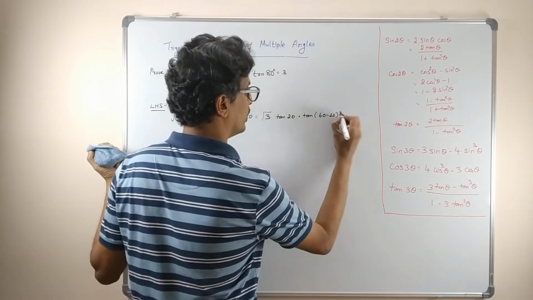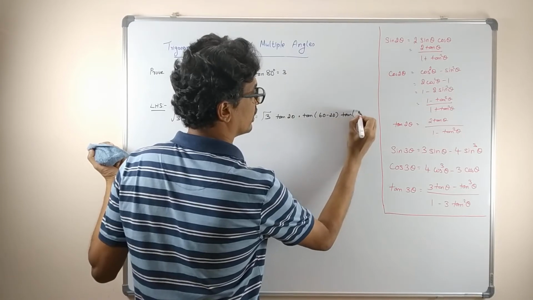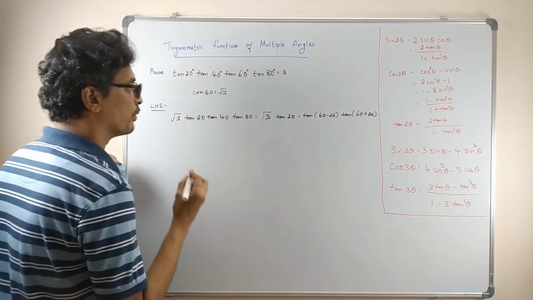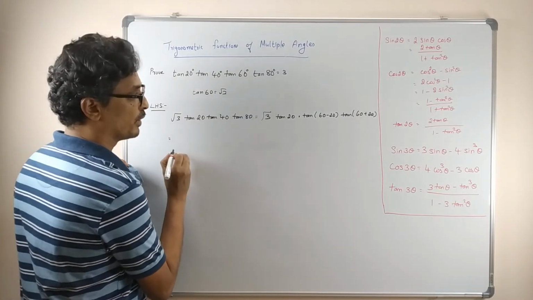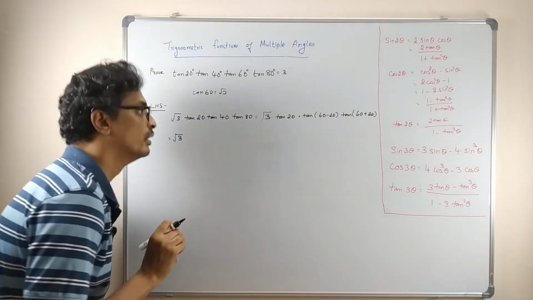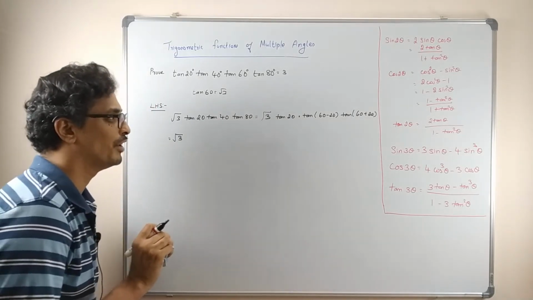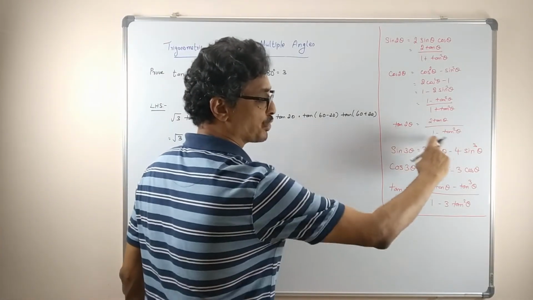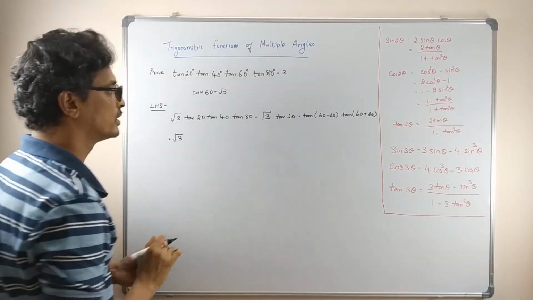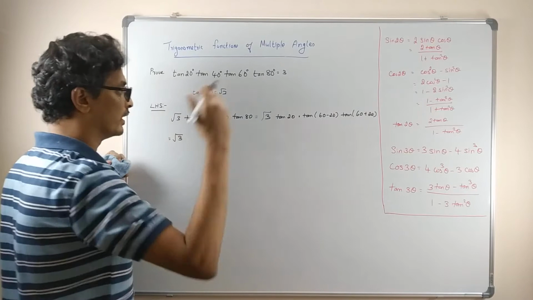And this will be tan 60 plus 20. And then I will use the tan A plus B and A minus B formula. So that will make life easier. Usually whenever tan comes in this problem, because you have the ratio, the denominator also, the square, everything will come up. So that makes it a more lengthy calculation.